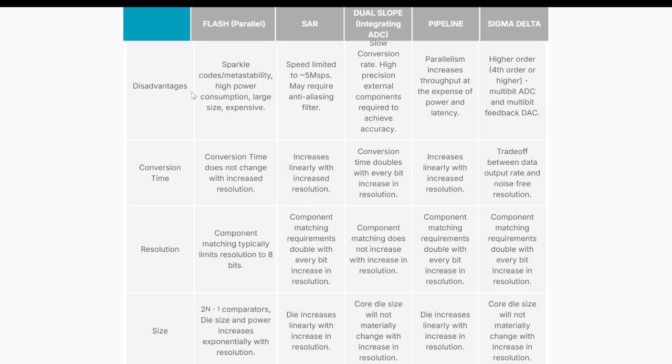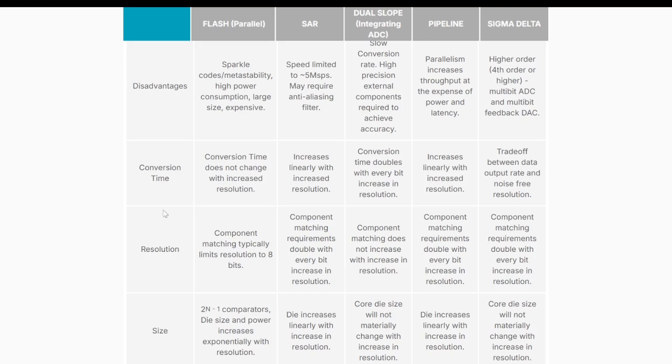Okay, so we are not going to talk about disadvantages. I think size is also relevant because it's getting miniaturized as we go along in the electronics world.